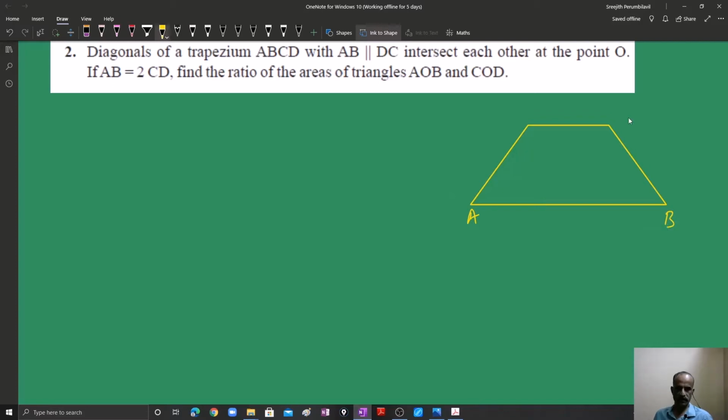So I'll take the larger side as AB, which is equal to 2 times CD. Find the ratio of the triangles. What is O? The diagonals intersect at O. So one diagonal is this and the other diagonal is that.